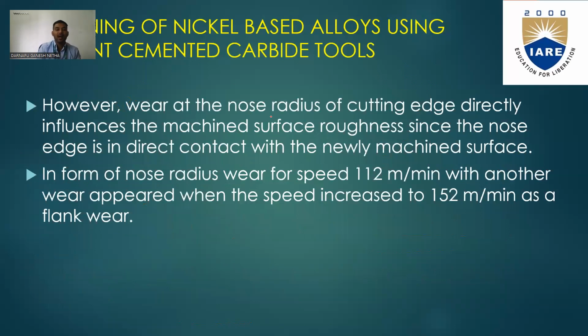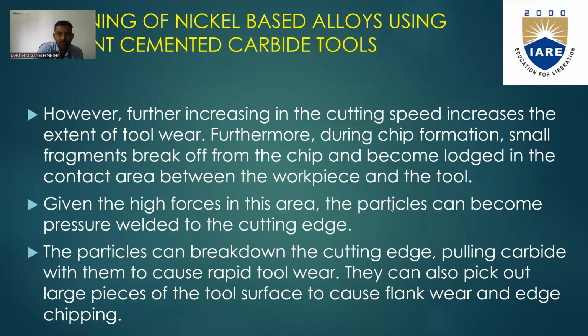However, the wear at the nose radius of the cutting edge directly influences machined surface roughness, since the nose edge is in direct contact with newly machined surfaces. Roughness decreases as speed increases. However, a further increase in cutting speed increases the extent of tool wear.